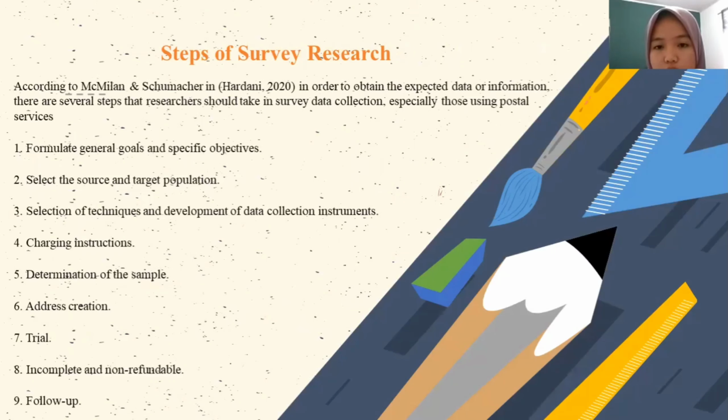First, formulate general goals and specific objectives. Second, select the source and target population. Third, selection of techniques and development of the data collection instrument. Fourth, filling instructions. Five, determination of the sample. Six, address creation. Seven, trial. Eight, incomplete and non-returned. And nine, follow-up.